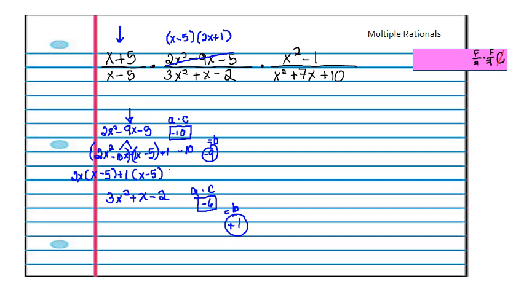Okay, positive 1, negative 6. Not 6 and 1, 2 and 3. Sorry. And again, the big number is going to carry the sign. Okay, branch it out.